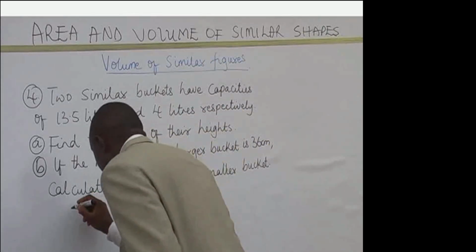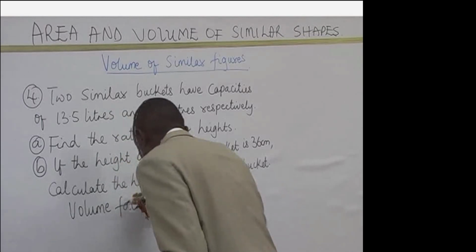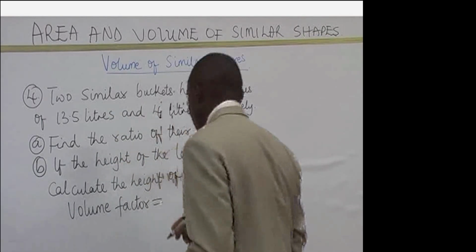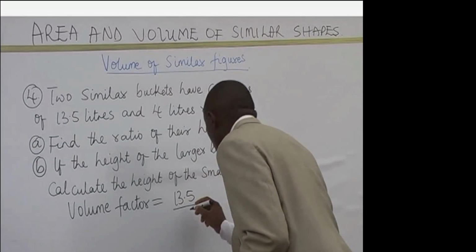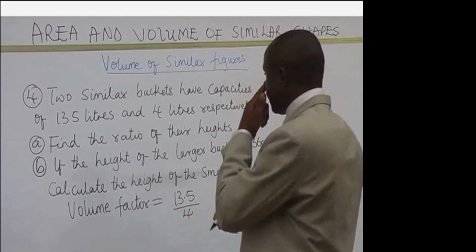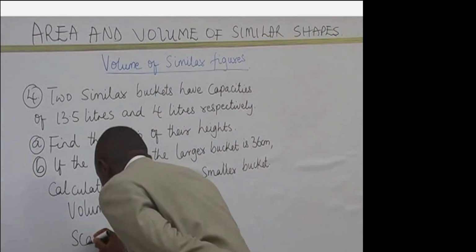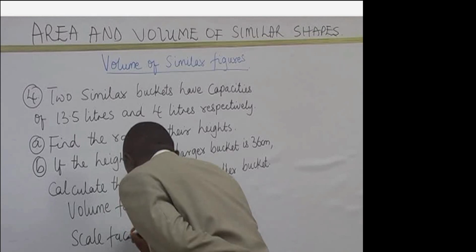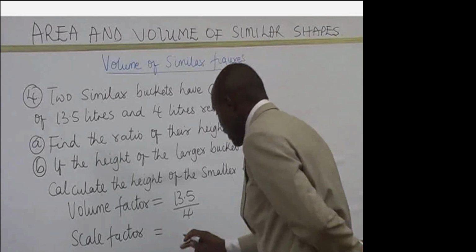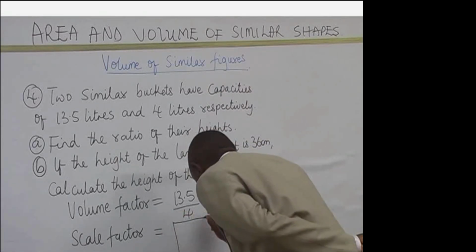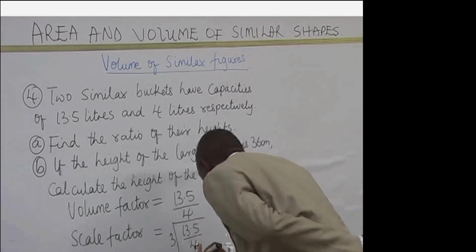That means that our volume factor is equal to 13.5 all over 4. Now our scale factor is going to be the cube root of the volume factor, the cube root of 13.5 all over 4.